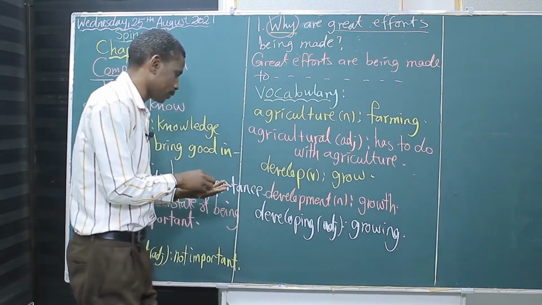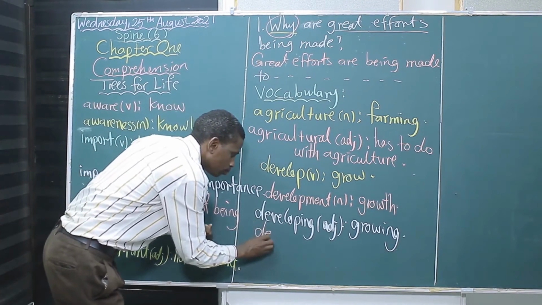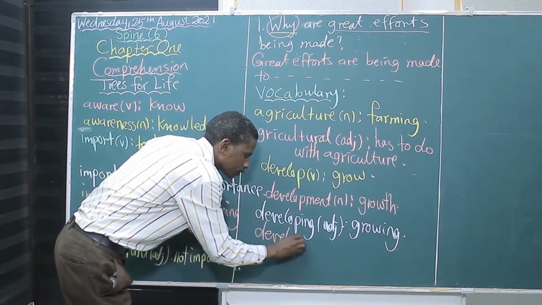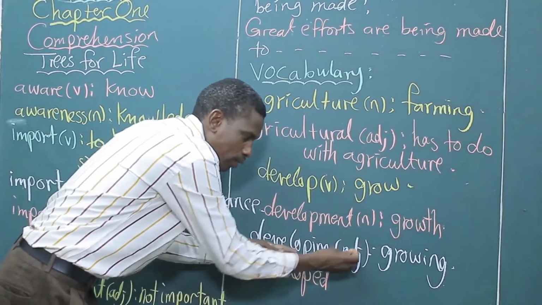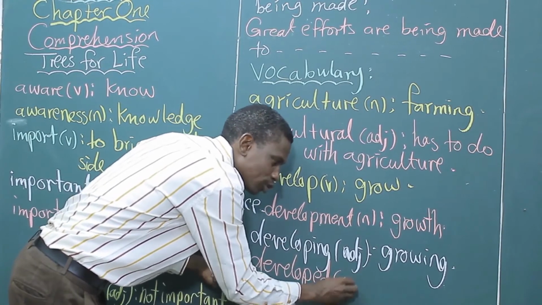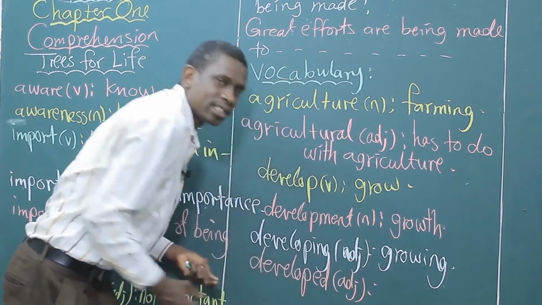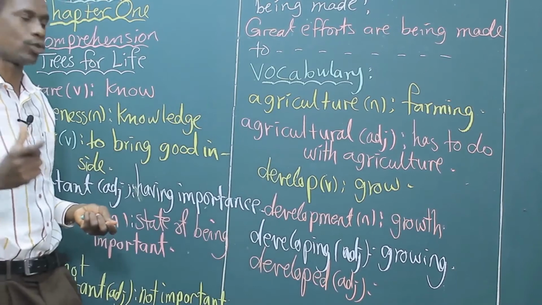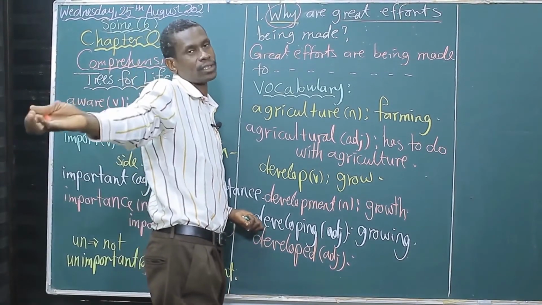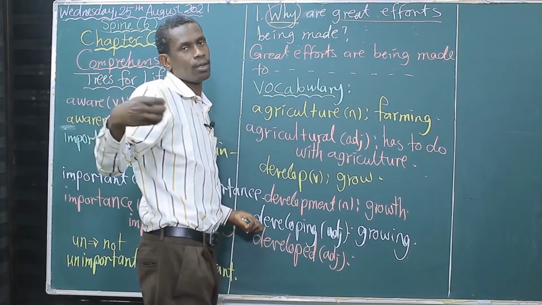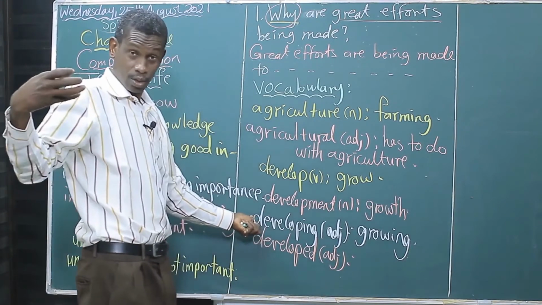Look at this word. Develop. ED and ING. ING means growing. But developed countries means advanced countries. First world countries. Meanwhile, developing countries are third world countries like Sudan, Ethiopia, Uganda. You got it?